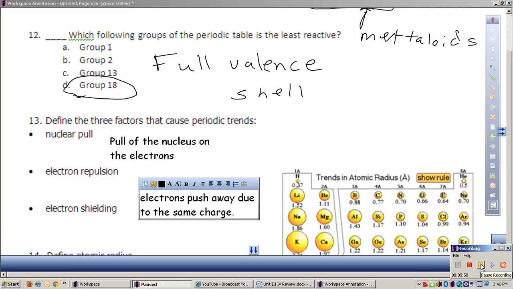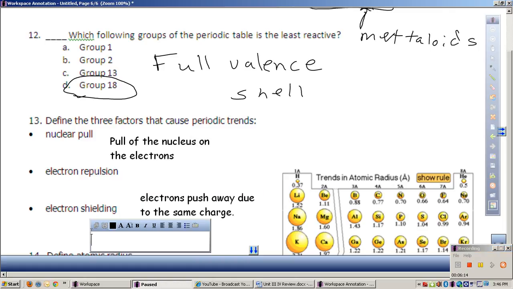Okay, so electron repulsion is the electrons push away due to the same charge. This is more evident as you go down the periodic table because you're having more electrons there. Your nuclear pull also decreases as you go down a group because of electron shielding.